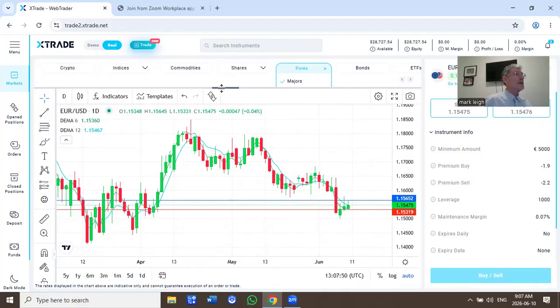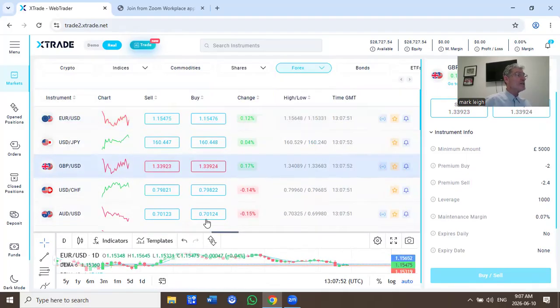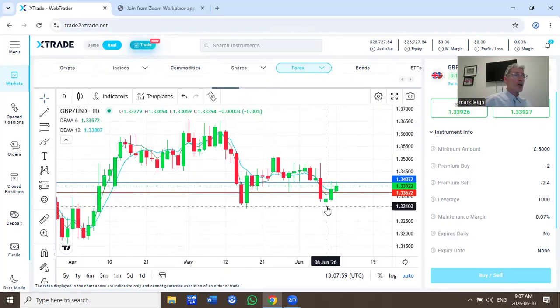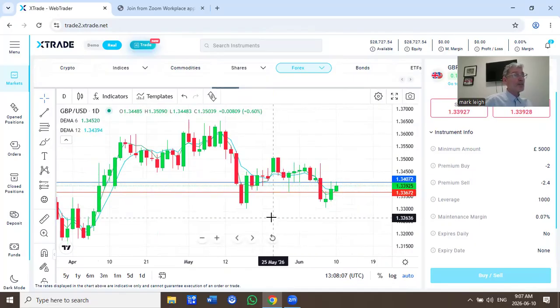Let's have a look at the pound against the US. Similar picture. There you see last few days we've seen pound strengthening against the US dollar, some US dollar weakness. We'll see if that can continue today. I've got support at 133.67, and I've got resistance at 134.07.